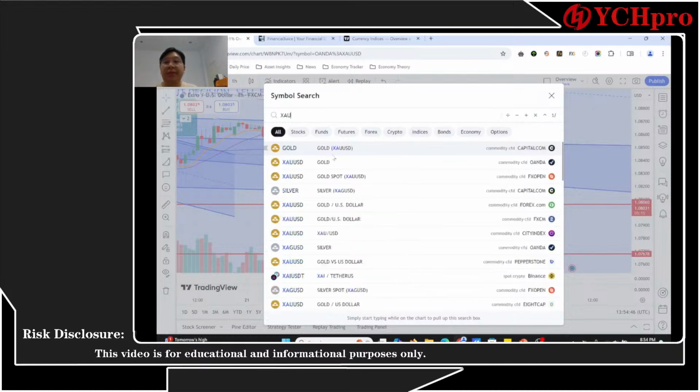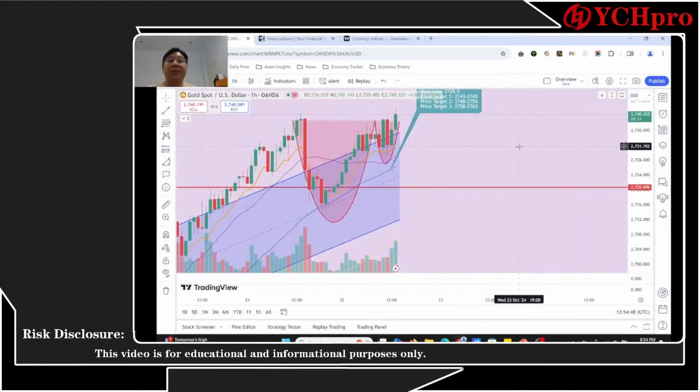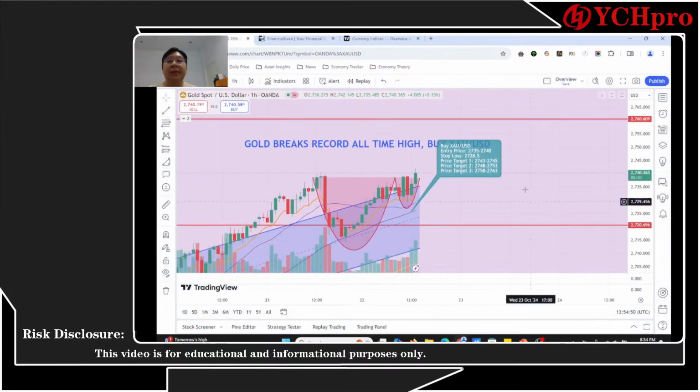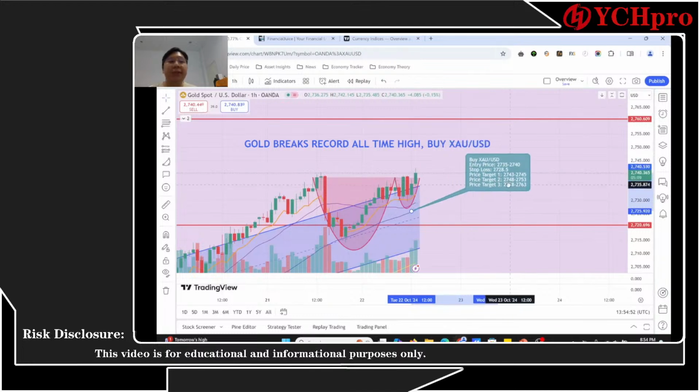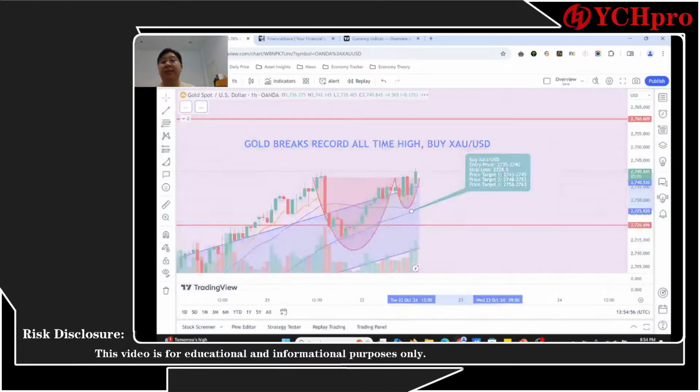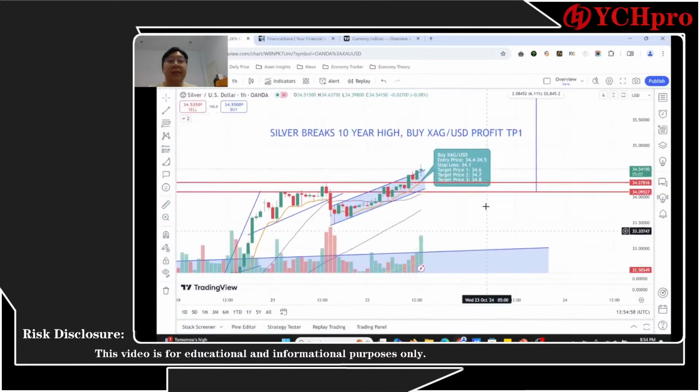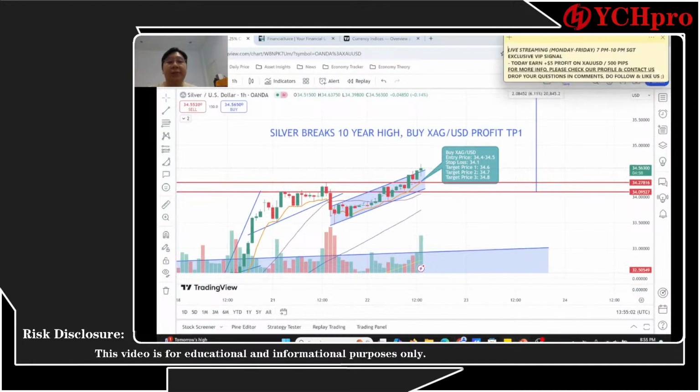Okay, so what's next? Maybe let us focus back on the gold chart, see what has been happening since then, because we've been moving away from there. And silver prices, how is it reacting? So we have already reached our first profit target. Nothing much to worry about, guys.